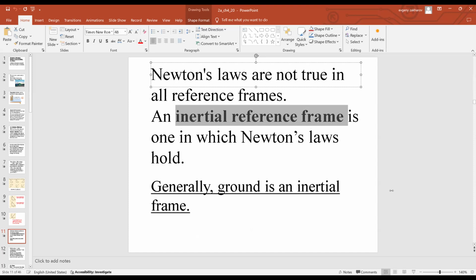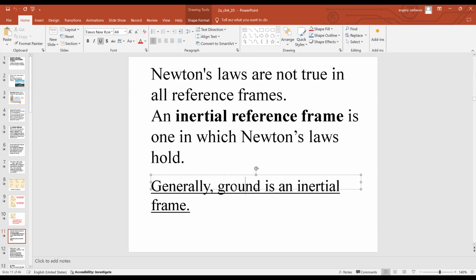And if you consider 9.81 for the free fall, then you say Earth is an inertial reference frame, and you can use Newton's laws with that value for the free fall. So ground is an inertial reference frame because we have modified the small g value from 9.83 to 9.81.